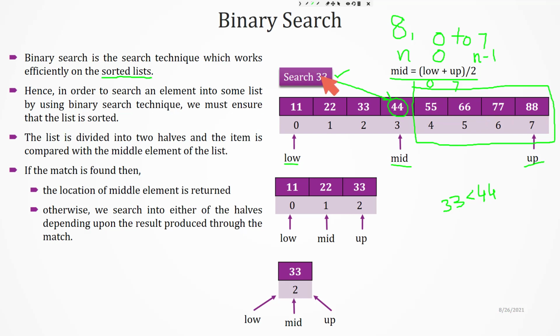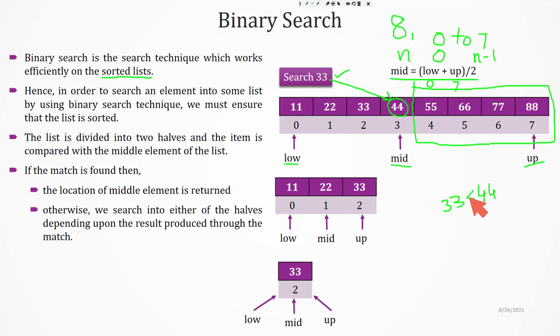If 33 is in the array, it will be only on the left hand side of 44. So we have to search only on the left hand side.